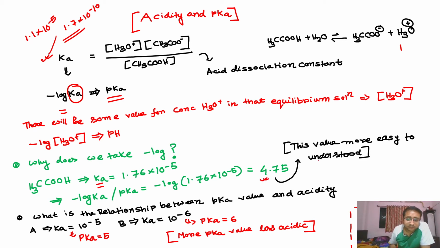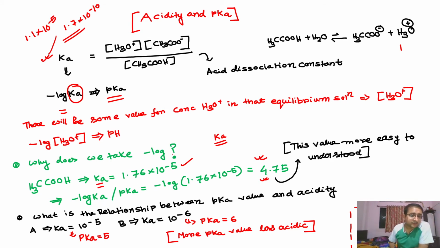So this value is much easier to understand instead of this large value. That's why we define the acidity or strength of any acid by pKa value only, not the Ka value.